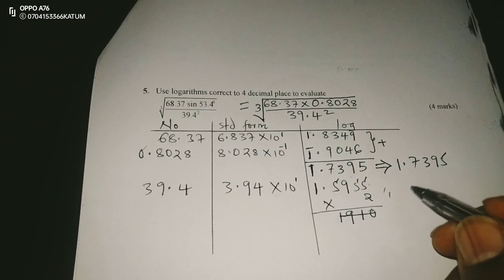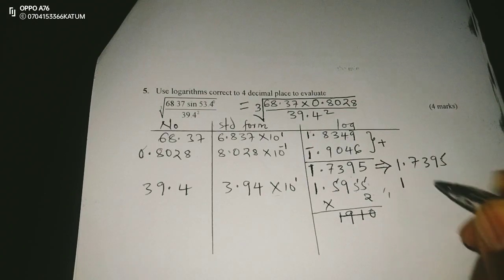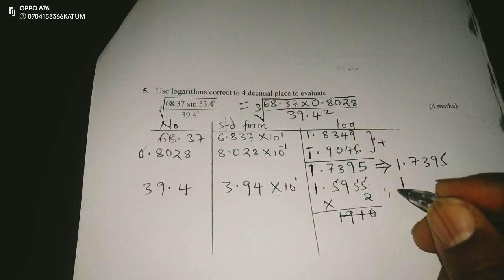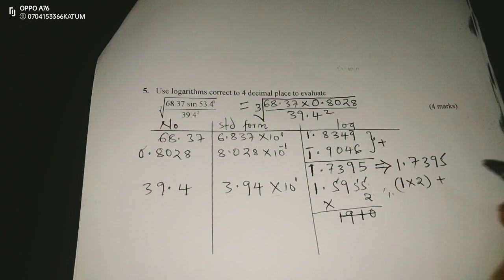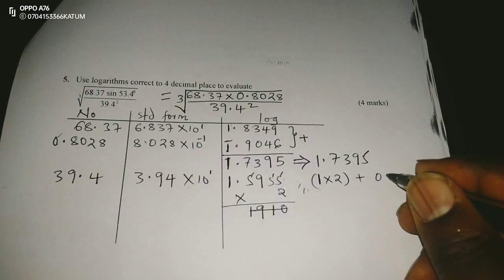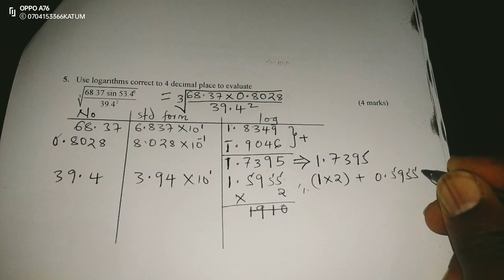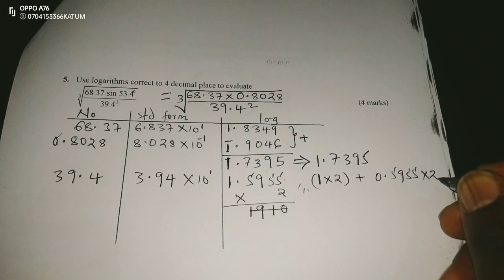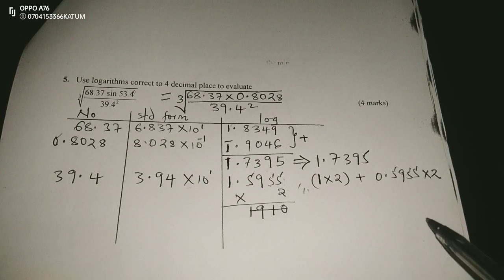I'm going to have the characteristic being 1, then we have it multiplied by 2. Then we will add the Mantissa part, which is 0.5955 by 2. Yes, so this one I'll multiply by 2 separately.